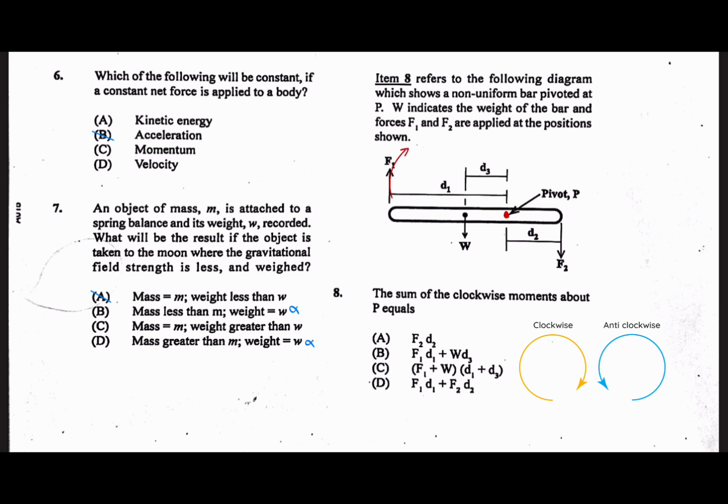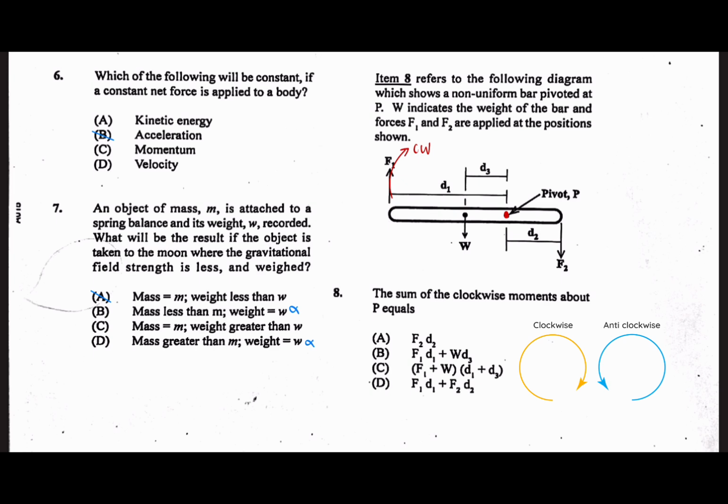So I have a clockwise moment here, right? The weight over here, if I were to take the bar and pull it down here, the bar would now be in this position, right? And this looks like it's rotating in an anti-clockwise manner. So I'm not going to consider that turning force.